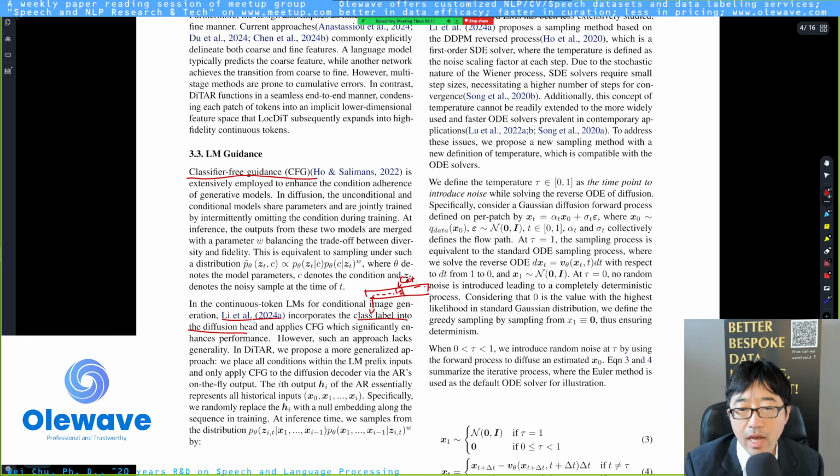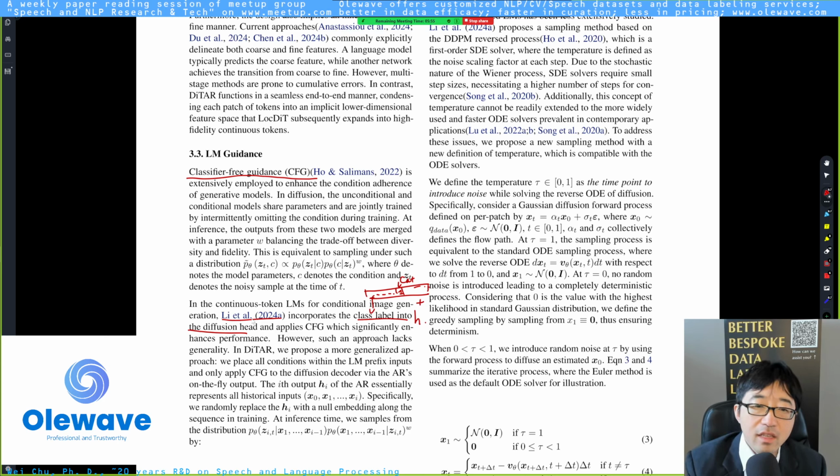So they concatenate this vector together with the H, which is the hidden vector. How do you say that? What's the word for that? I would call that hidden vector. They concatenate these things together, and you can see this approach lacks generality, because you do have to know the class label of the thing you want to synthesize.